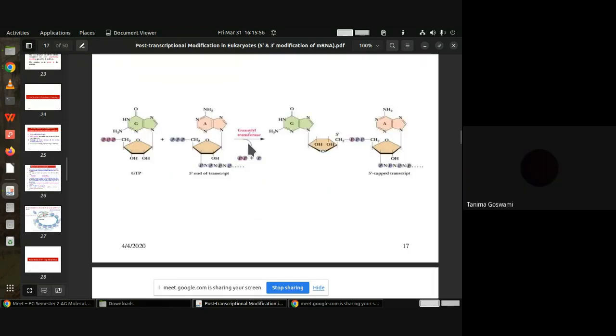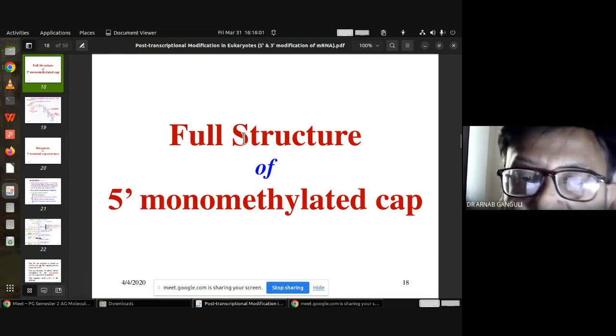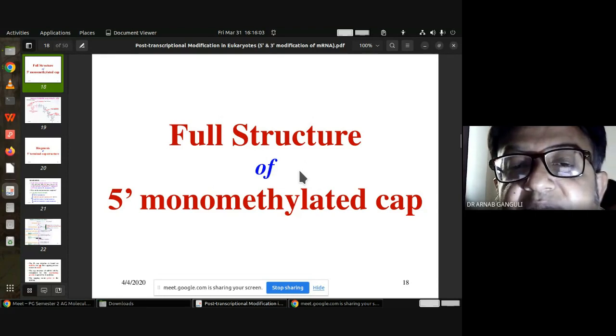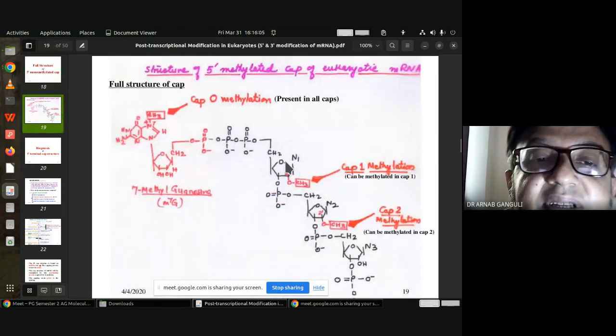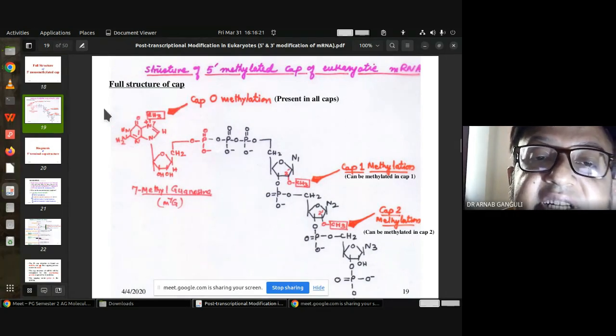Yes, sir. Okay. So if you look at the full structure of the 5' monomethylated cap, basically this is the cap O methylation, which is present everywhere. This is guanine and this is the cap over here. This is 7-methyl guanosine, the one which I've written in red.